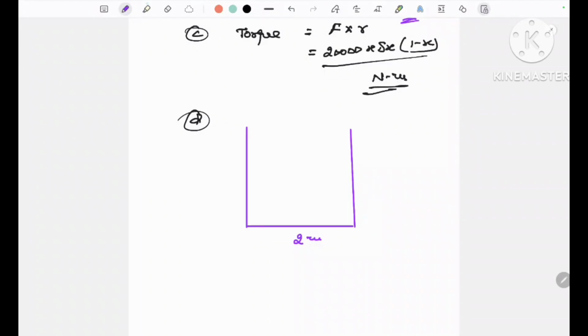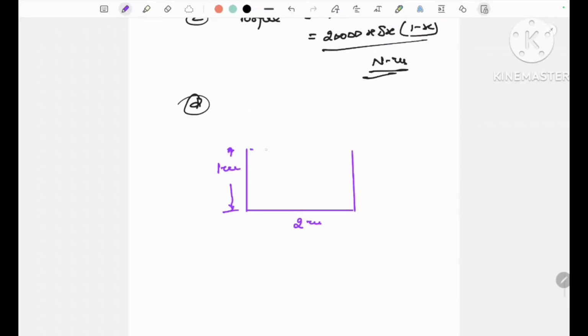This is 2 meter. अगर सामने से देखें and height is 1 meter. ये साइड से देखें this is 1 meter.